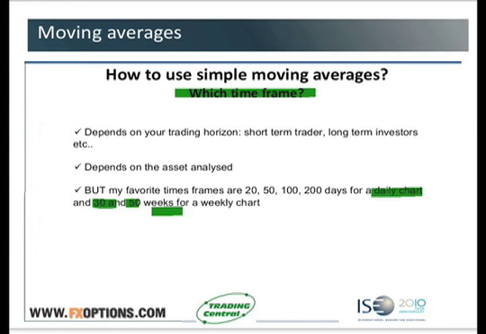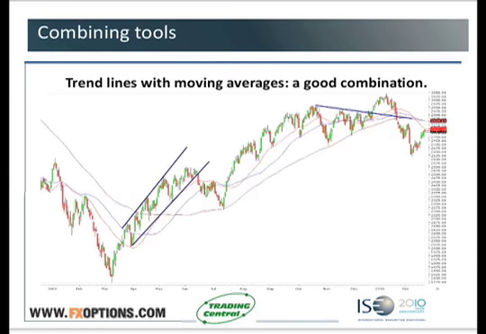The next slide is very interesting because it's a basis of technical analysis. You can't use only one technical tool. If you use only trend lines, you can make a lot of mistakes because you can draw trend lines with different points. You can have a debate with another market technician because the trend line is not the same as his. So it's not my favorite indicator.